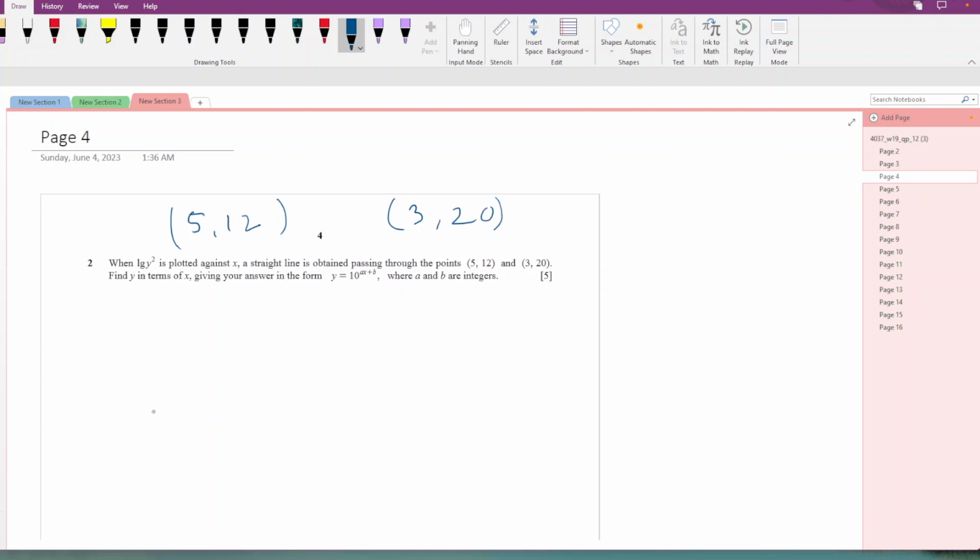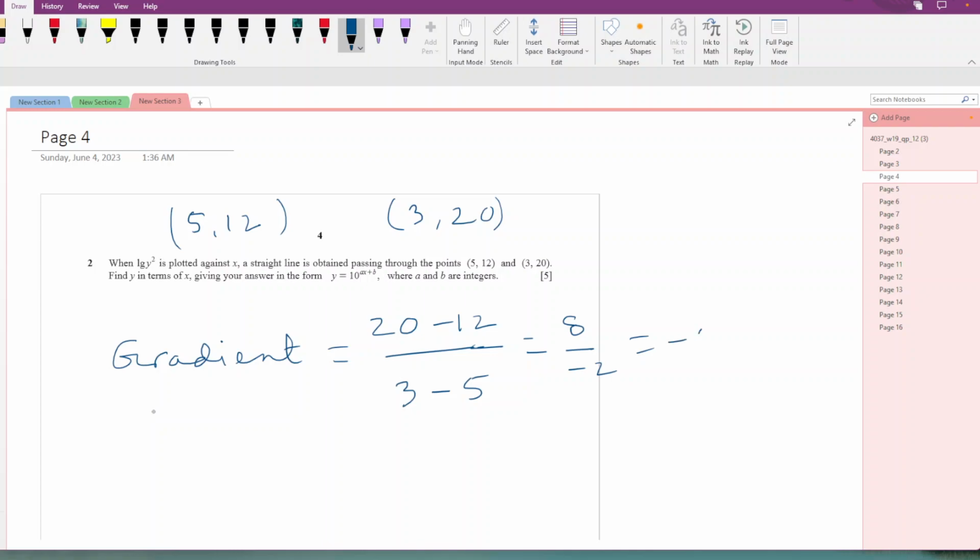Now the gradient of the straight line is 20 minus 12 divided by 3 minus 5, equals 8 divided by minus 2, which equals minus 4.